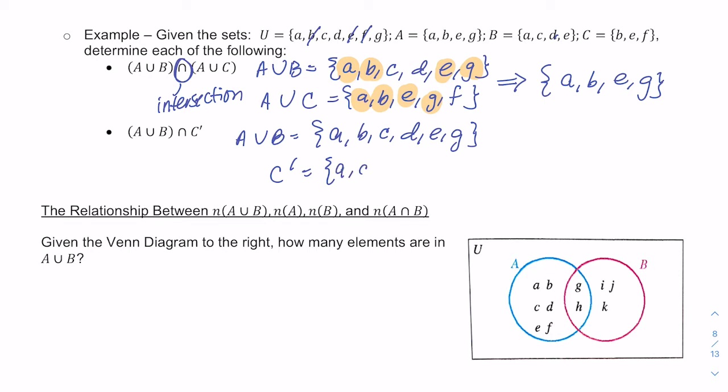So A, C, D, and G. And now I'm trying to find, again, their intersection. So the intersection of these two sets would be A, C, D, and G.